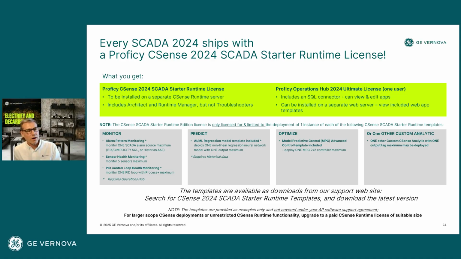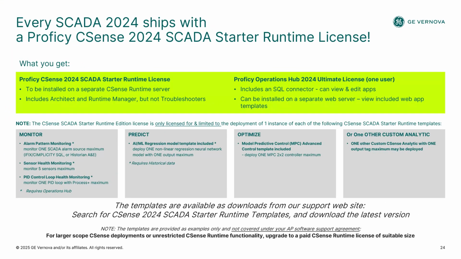So if you are an iFIX or Simplicity Vernova Proficy customer, you can get a free CSense SCADA starter runtime license by either investing in or buying one of our SCADA products, iFIX or Simplicity, the latest version, 2024 or later, or version 2025.